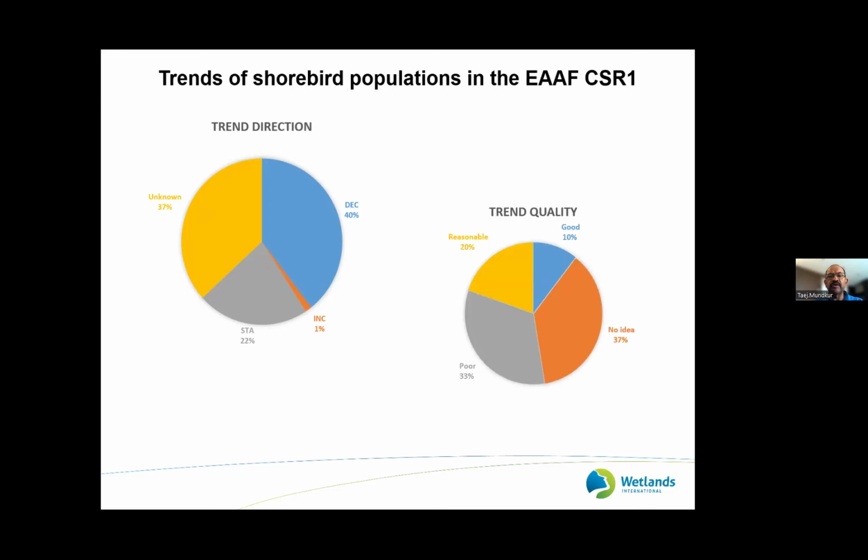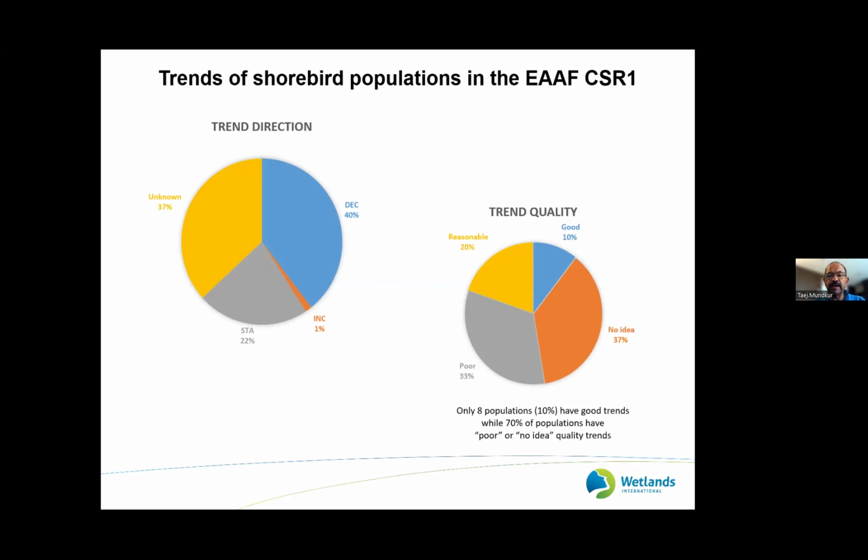Here you can see only 10% of the information is of good quality, 20% is reliable, and 33% and 37% are either poor or we have no idea. So the trend quality really shows that we don't have a lot of confidence in a lot of the estimates in terms of their reliability, let's say, for making good decisions. So again, we need to improve the information and the analysis to be able to understand what's happening. And some of the challenges for that were discussed by Richard in the last talk.